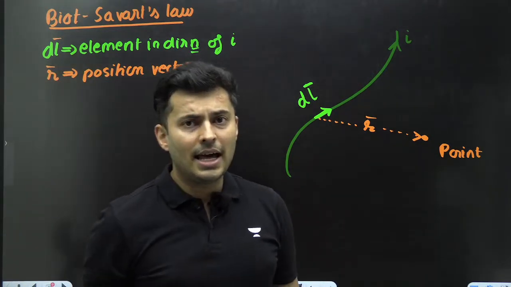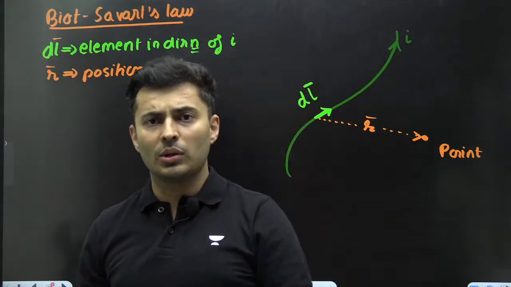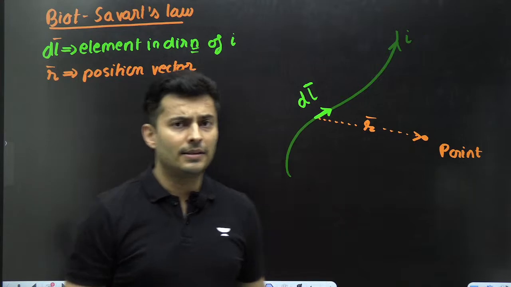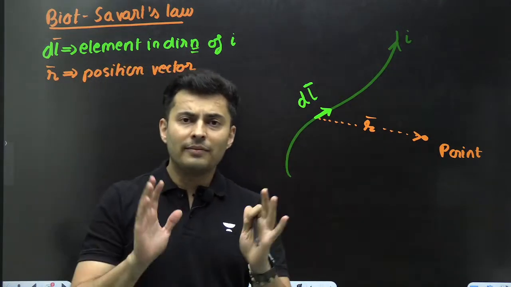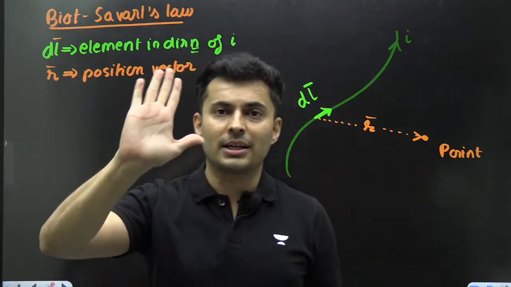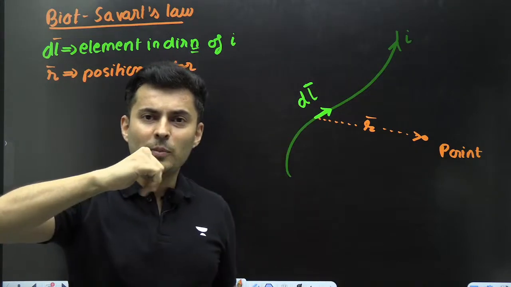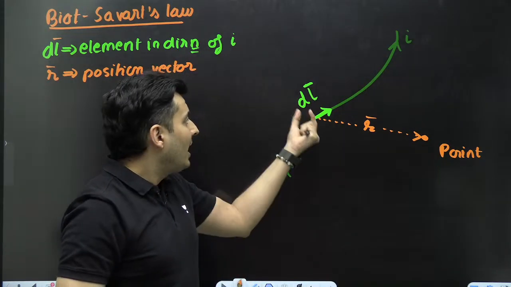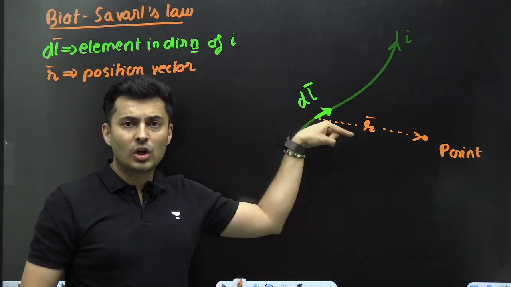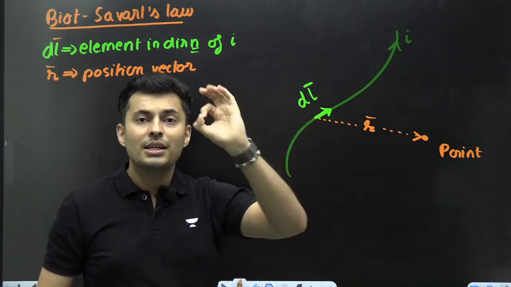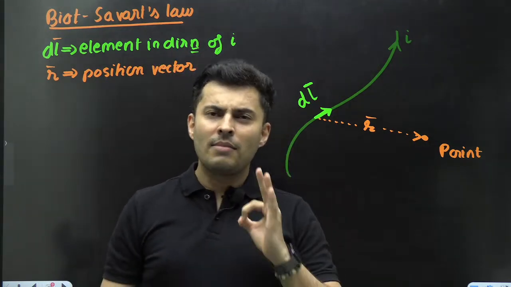Now first understand the direction, then I will go to the magnitude. Always, you can find the direction by taking the cross product, A cross B, using your right hand rule, going from A to B, where the cross product is of dl with r. dl cross r gives you the direction of the magnetic field.